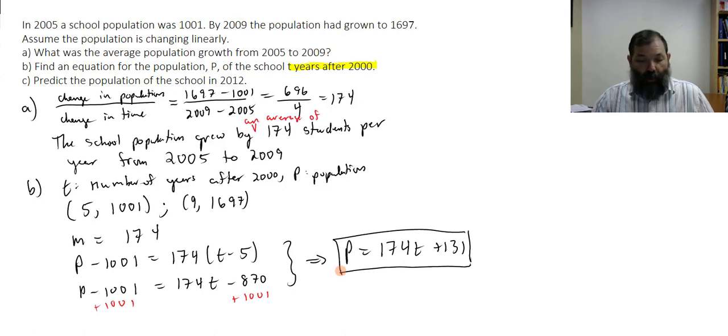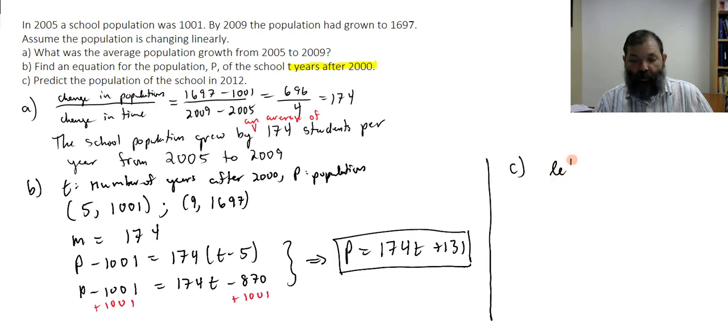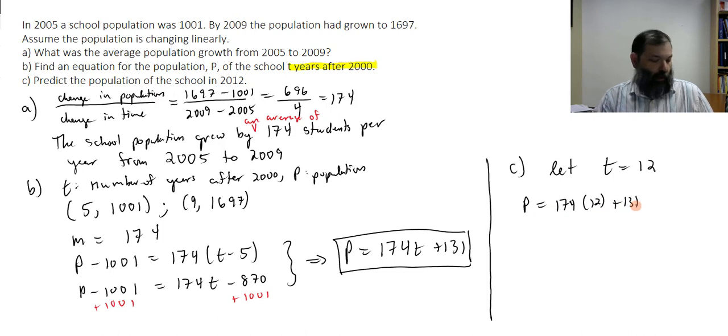And so now to predict the population in the school in 2012, we'll take our linear model here and we will simply let T equal 12, since 2012 is 12 years after 2000. And so then the population would be 174 times 12 plus 131. I calculate that as 2,219.